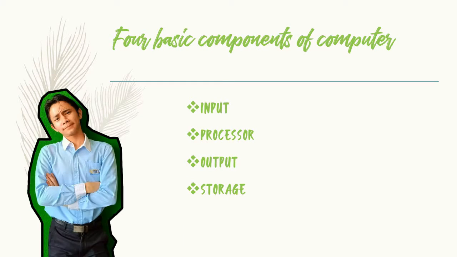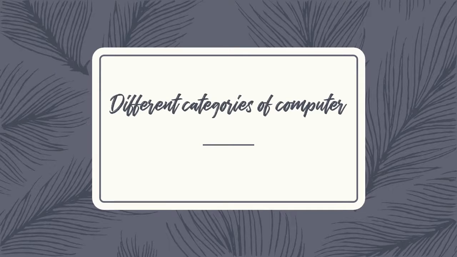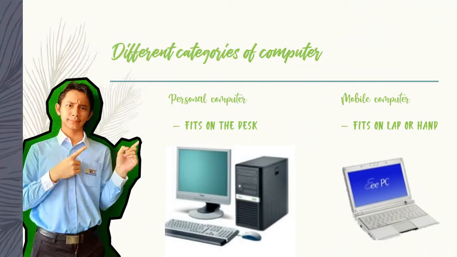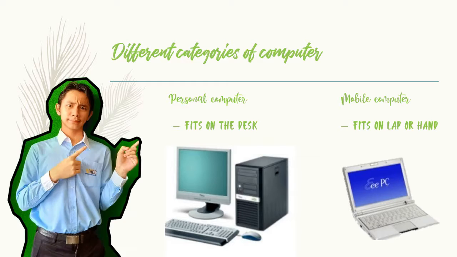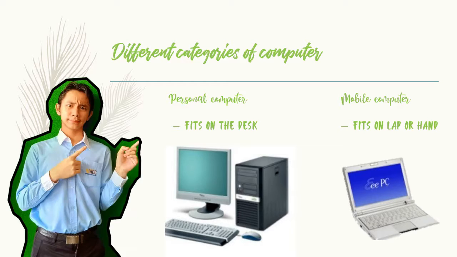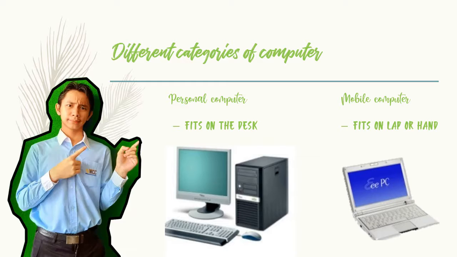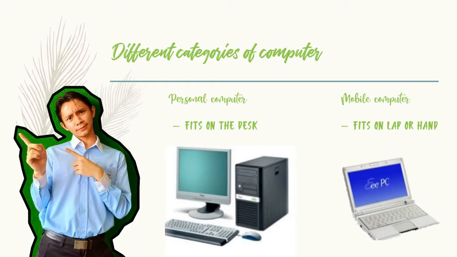The four basics of a computer: input, processor, output, and storage. And the different categories of computers. A personal computer fits on a desk, and a mobile computer fits on a lap or in the hand. For the personal computer, or PC, you need to have a table where the system unit, the monitor, the mouse, and the keyboard can be placed.